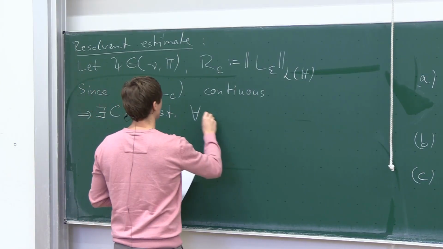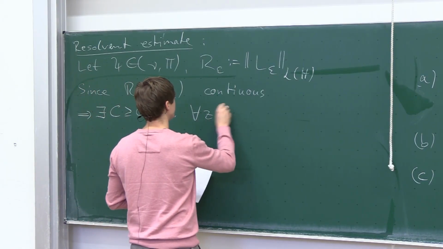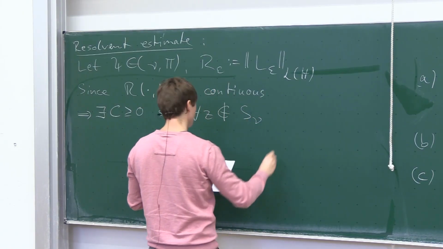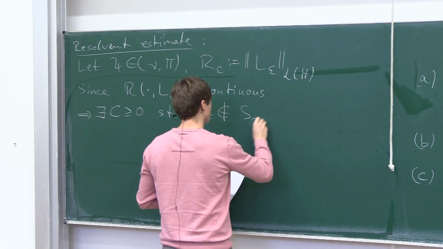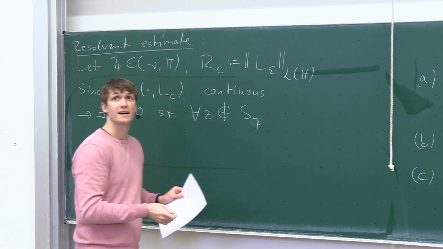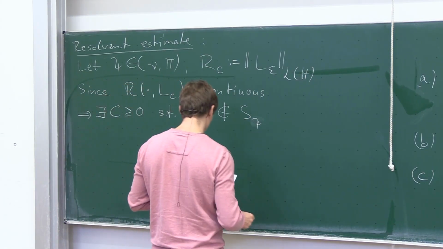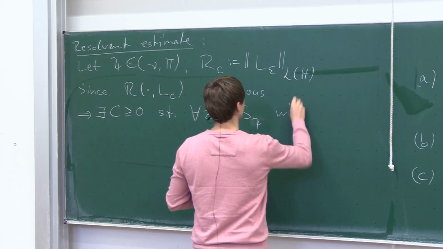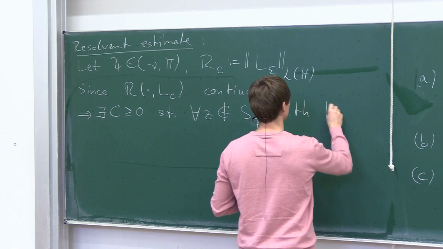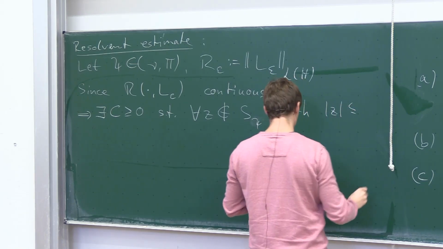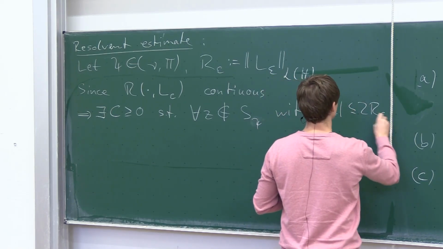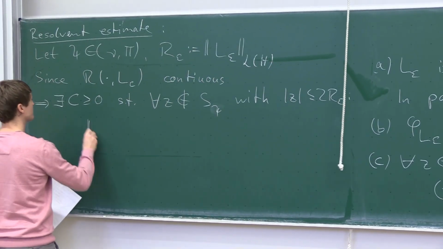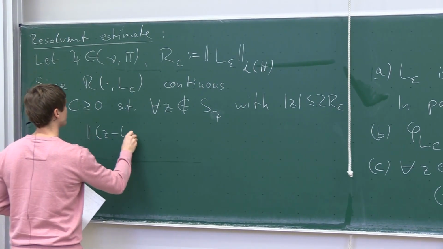for all resolvent parameters z which are not contained in the sector of angle psi, which is slightly larger than the sector with angle nu, and let's say we take resolvent parameters which stay bounded, so which are, for example, in modulus less than 2 times this constant R epsilon, we have that this continuous function simply stays bounded, right?